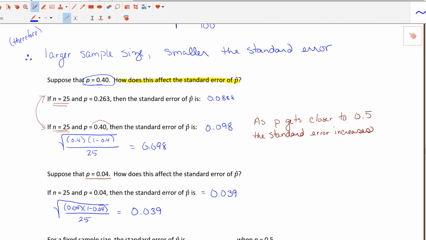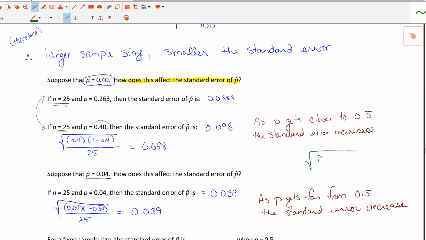It's very small. So what happens here? As p gets far from 0.5, the standard error decreases.